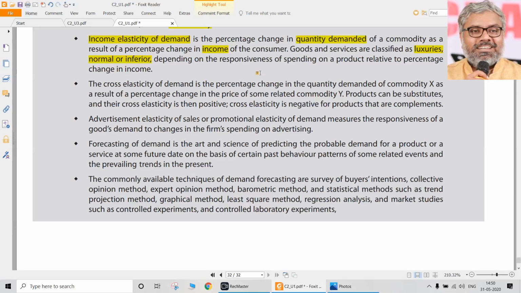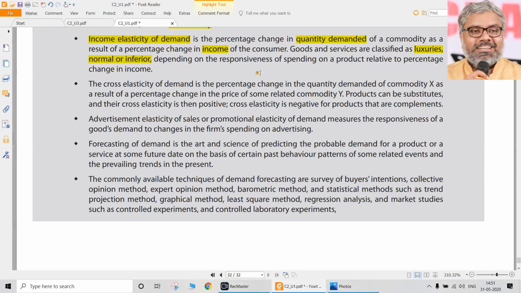Normally, when the income of the consumers increases, the demand for the products also increases. However, in case of inferior goods, the reverse might happen. When the income of the consumers increases, the demand for such inferior goods might decrease.